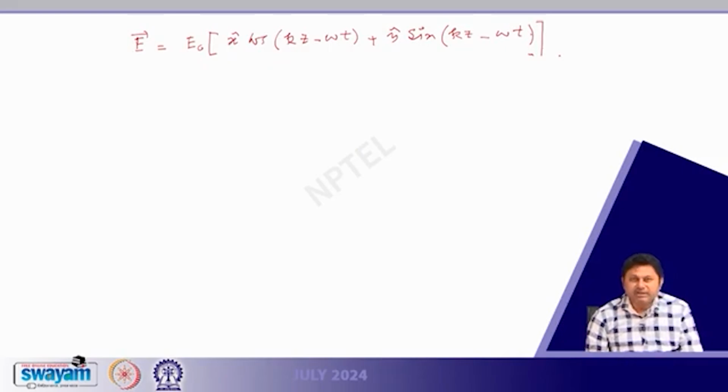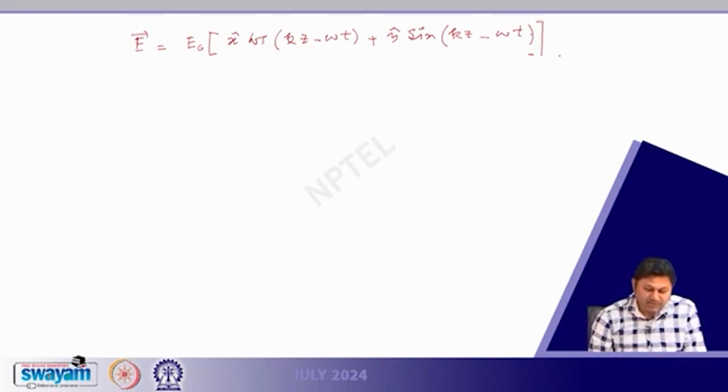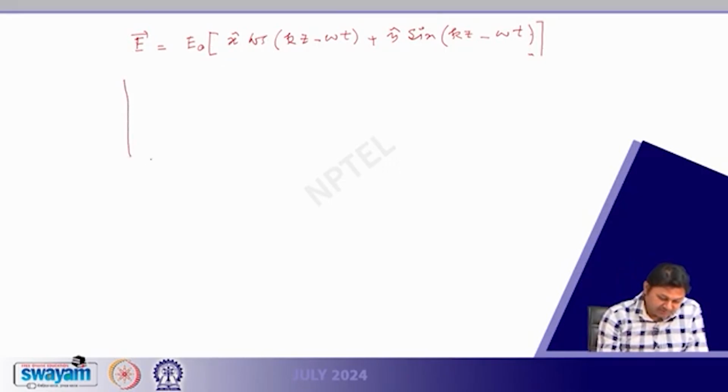So, that is the total electric field. Now, we need to understand what kind of electric field it is. Amplitude is same for Ex and y component, but their variation is different, one is cos and another is sine. So, that means there is a pi by 2 phase difference they are having.